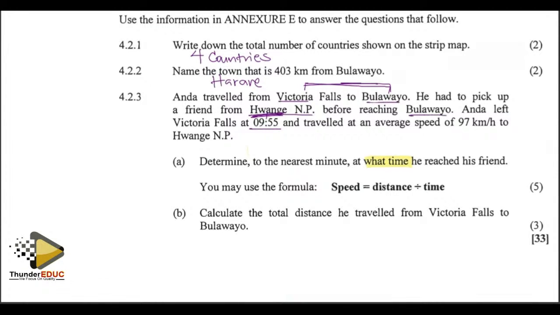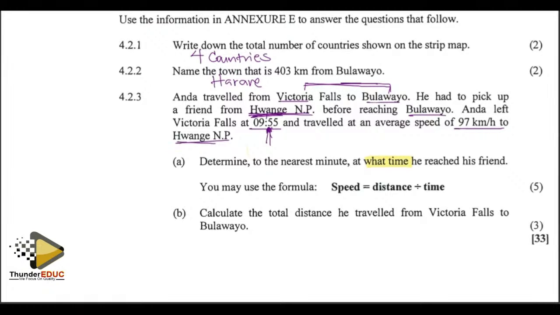And they left Victoria Falls at this time and traveled at an average speed of 97. Where he's going to pick the friend.